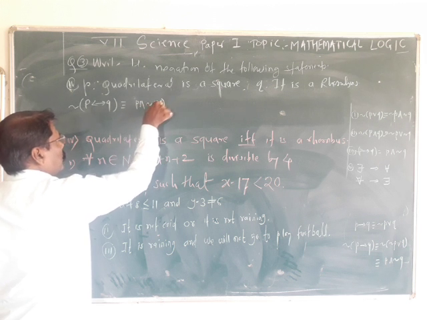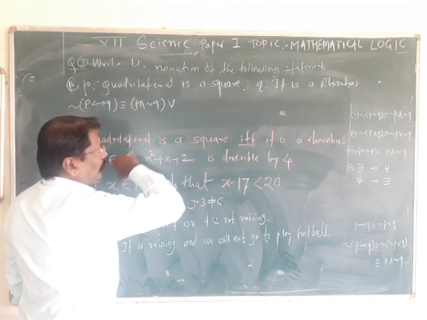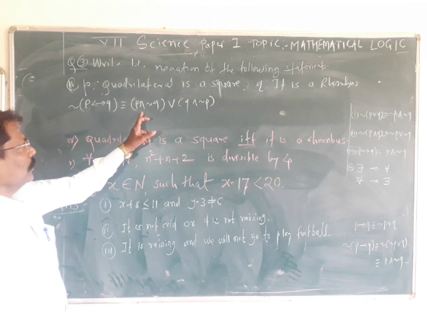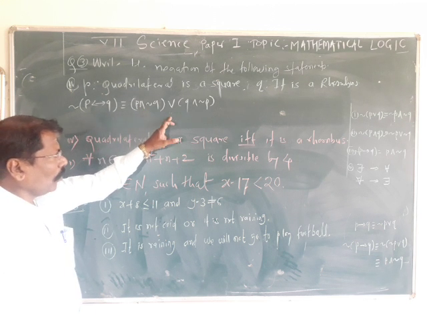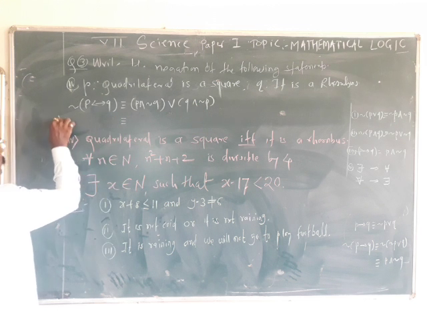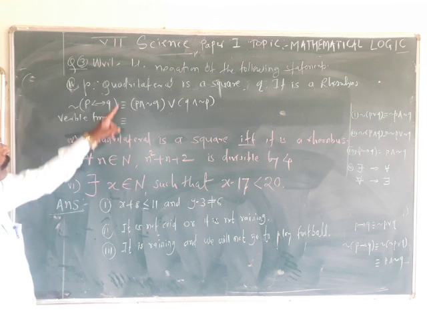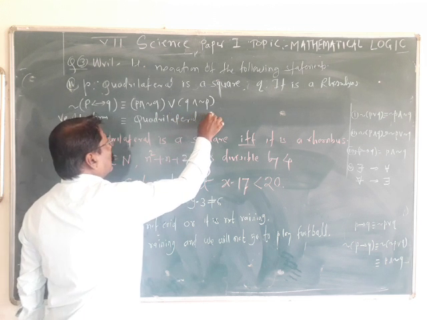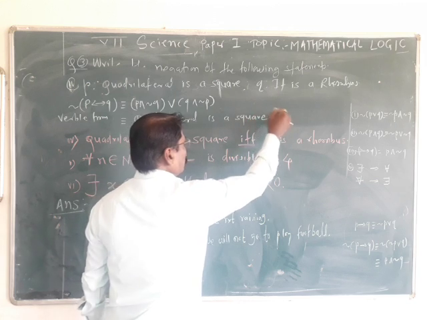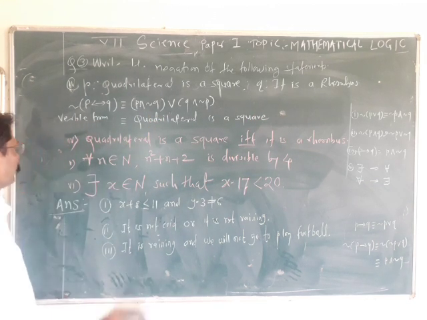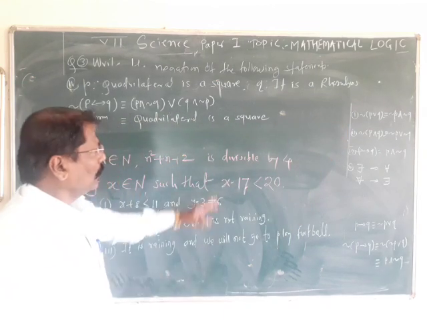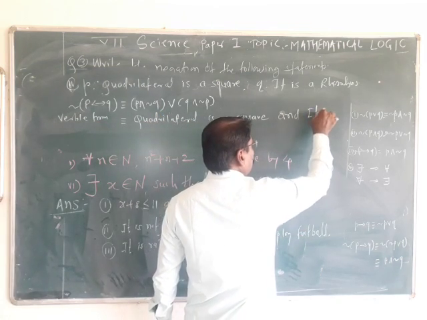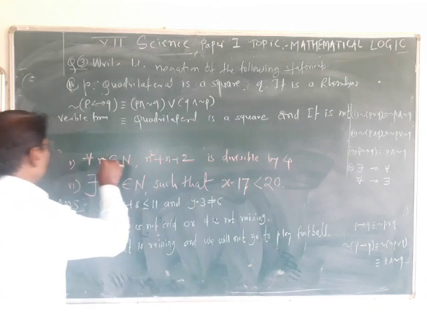Its negation is P and not Q, or Q and not P. So this is the negation of the statement: P and not Q, or Q and not P. So in verbal form, P, that quadrilateral is a square and it is not a rhombus.